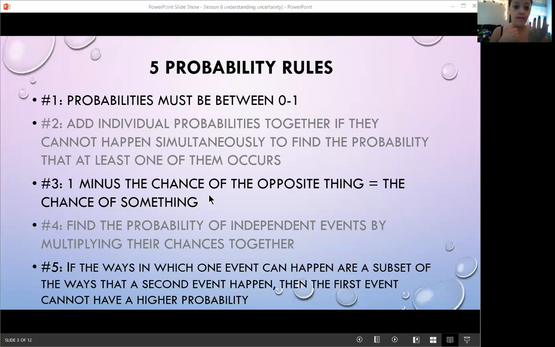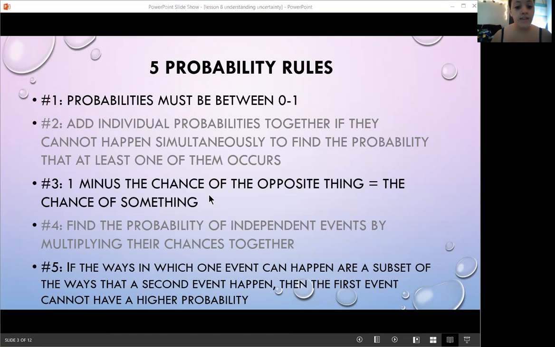If you took 1 minus one of them, that's going to give you the value of the other one. If you took 1 minus the other one, that'll give you the value of the first one. So it's basically saying that the chance of the opposite thing happening is everything except for the chance of something happening. So 1 minus that is going to give you the other opportunity there.